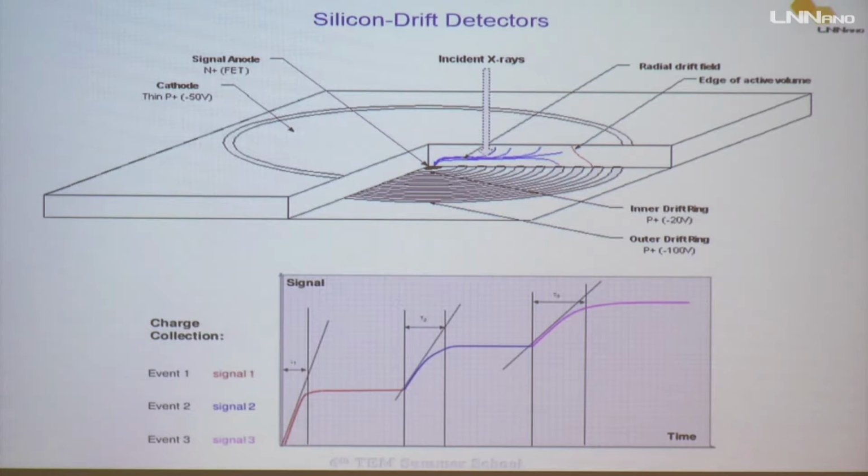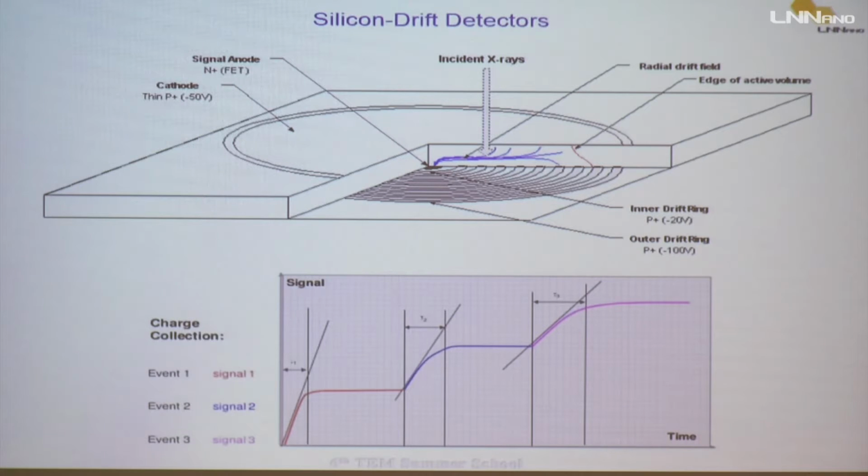And then you have the possibility of photons arriving in different positions of your detector, and all of them, this is the timeline, okay? This is the signal of the charge collection, and you can have many different events in a smaller amount of time, okay?